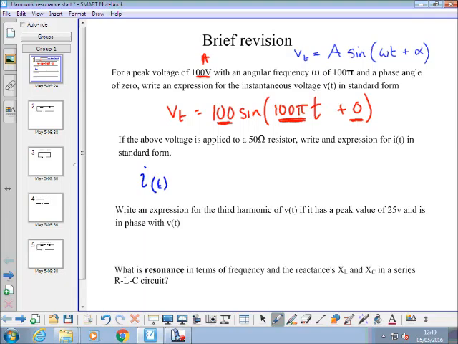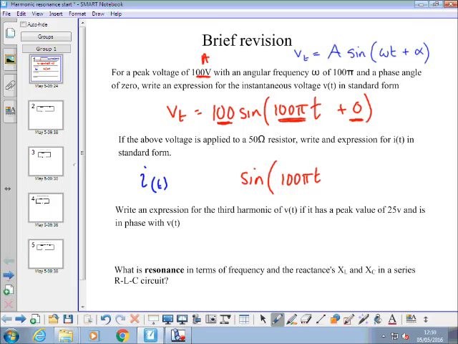So, the second one here: if that voltage is applied to a 50 ohm resistor, what would be your expression for the current? We know it's in a similar form, so it's going to be something times the sine. It's going to have the same frequency, that can't be any different. It's going to have t. What about the phase angle if that's a resistor?